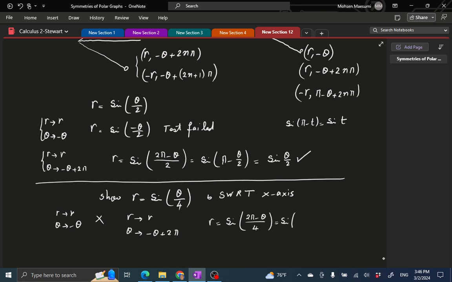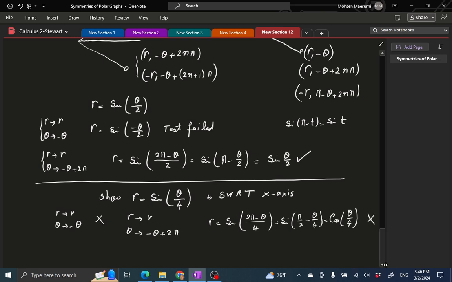That is sine of pi over 2 minus theta over 4, which is cosine of theta over 4. Well, this is sine, that is cosine. We have no reason to say that these are equivalent at this level. So this test also fails.